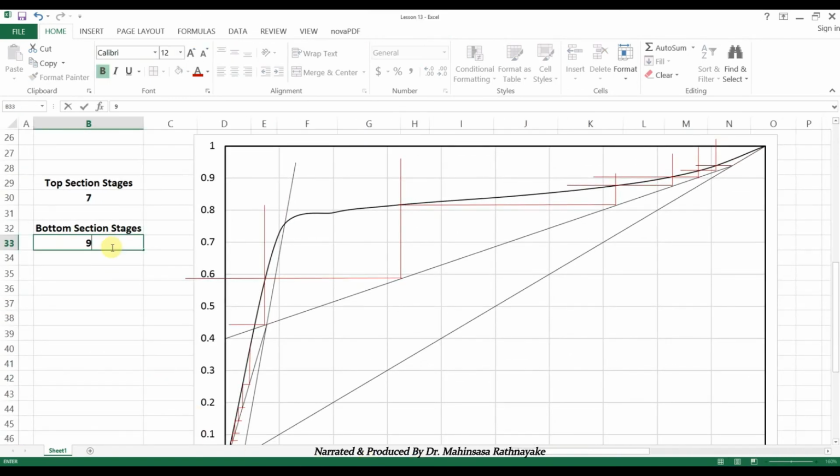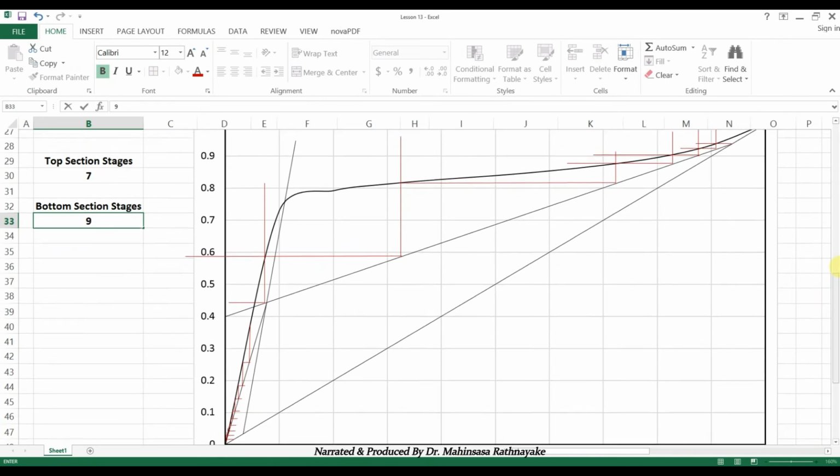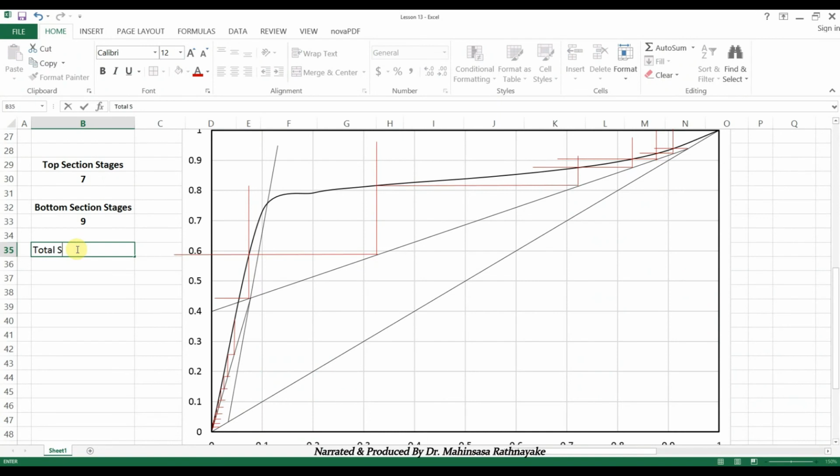We can see that a total of 9 stages are required below the feed. So the final answer for the total stages required is 7 plus 9 is equal to 16.